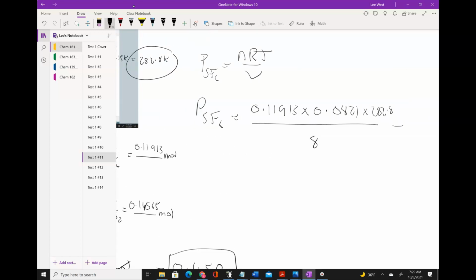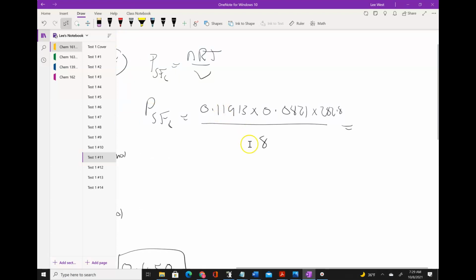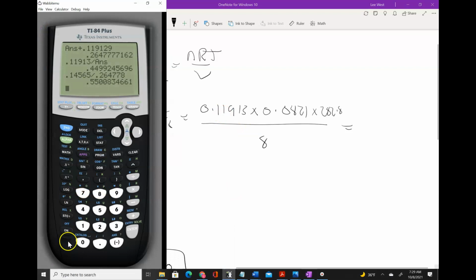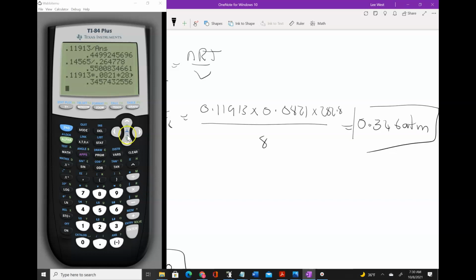Alright, now I didn't put all the units in. You should do that because it's your test, right? You don't want to screw up your test. Now when I do this, the mole fraction of the carbon dioxide is greater than the mole fraction of the SF6.